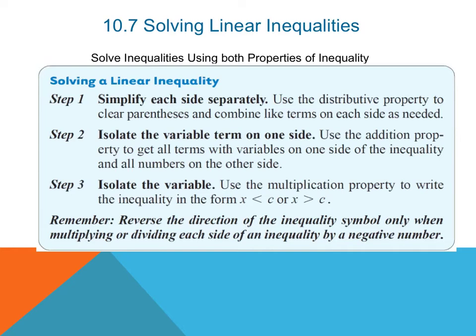So step 1, simplify each side separately. Step 2, isolate the variable term on one side. So cancel the variable from one side if it's already on both. Get rid of anything else that's next to your variable term. And then step 3, isolate the variable, which means get x by itself.